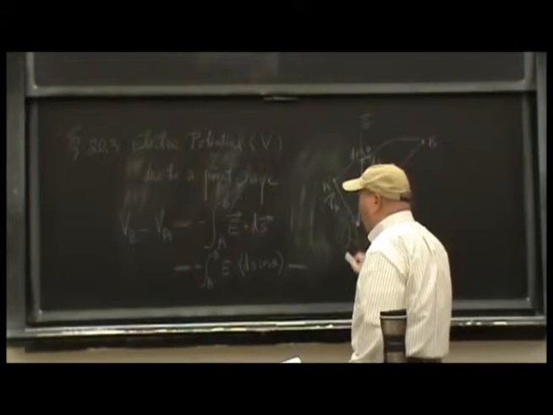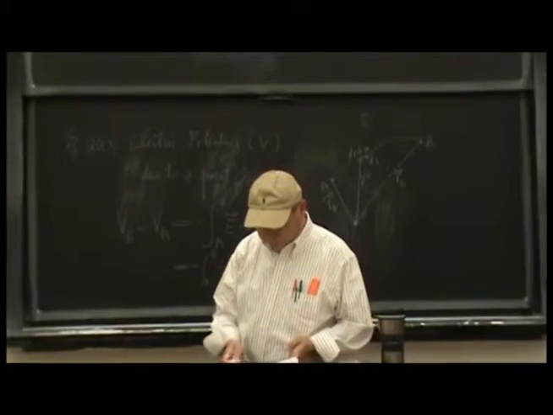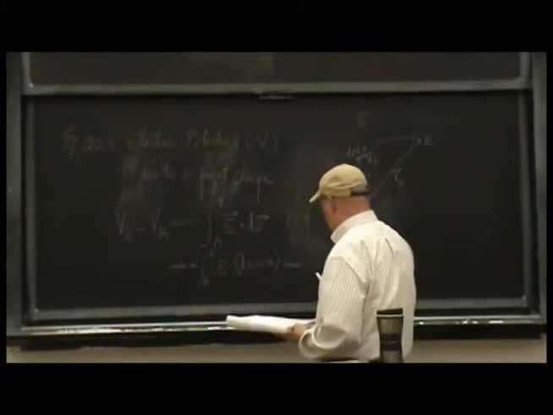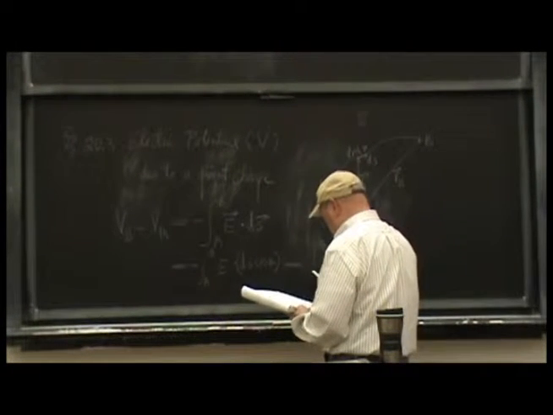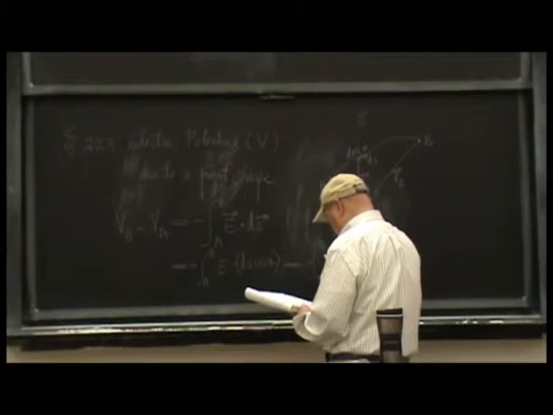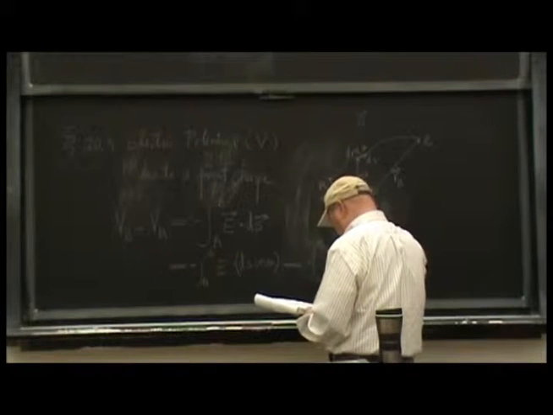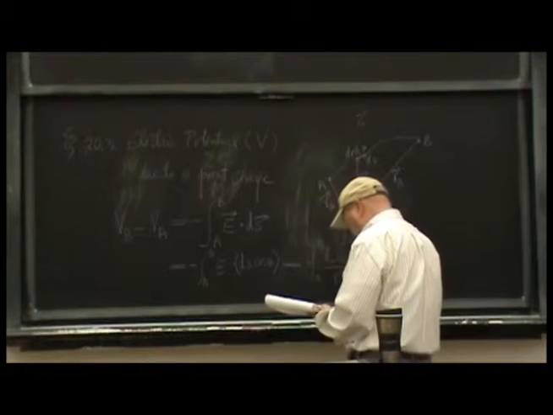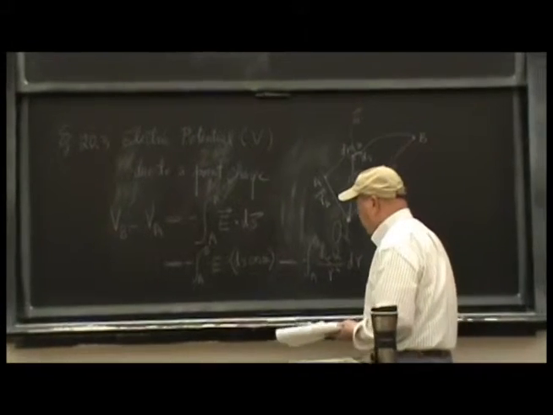Because this is a charge, it's related to force per unit charge. So from A to B, it is k e Q, where Q is the charge, divided by r squared, and that is equivalent to dr.